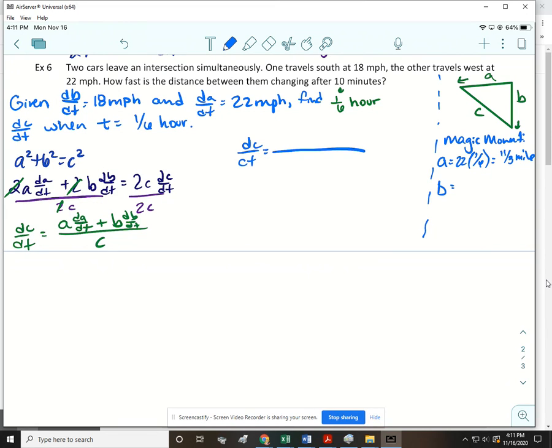All right, and then B is traveling 18 miles per hour for 1/6 of an hour, so it's going to be 3 miles. And then C is the square root of (11/3) squared plus 3 squared. And I'm going to go to all the decimal places. So you want to go to at least 5.